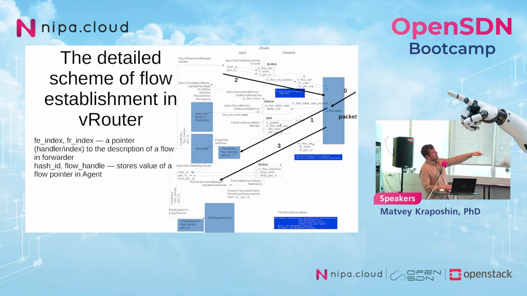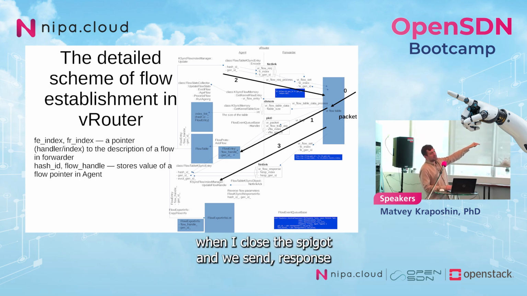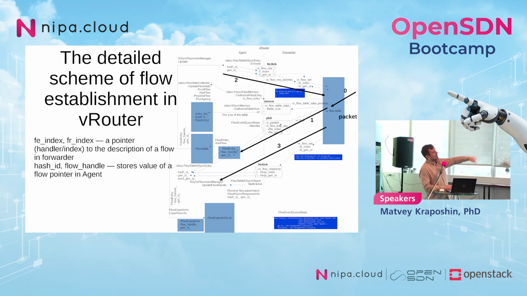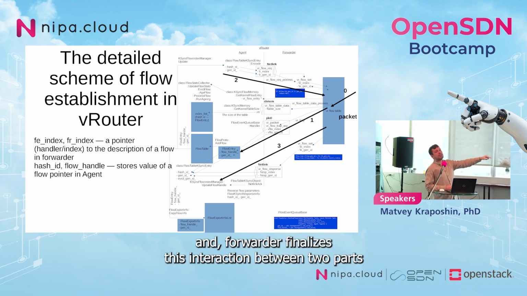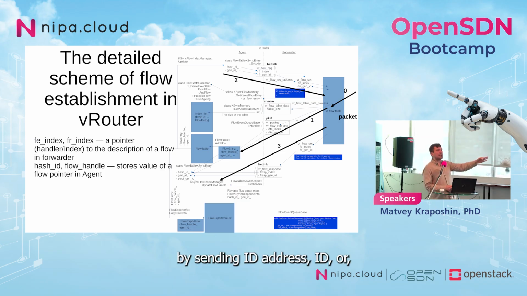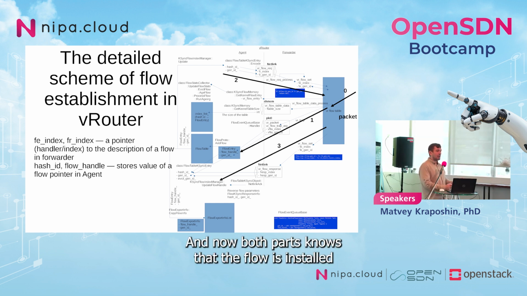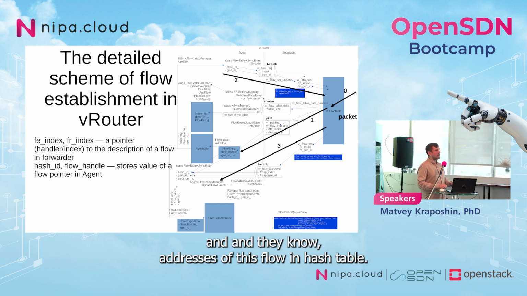Then we analyze this packet and we send a response with new flow parameters from agent to forwarder, and forwarder finalizes this interaction between two parts by sending address ID, or actually a pointer to place in hash table where this flow is stored.